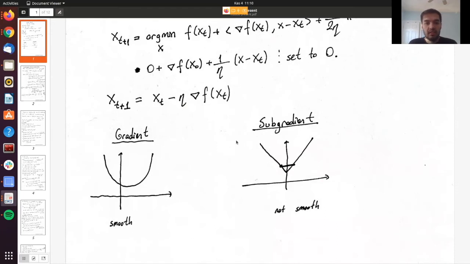Let me also talk about gradient and subgradient. These are not the definitions of gradient and subgradient, but here on our left we have a smooth function, and on our right we have a non-smooth function. The difference is, at this critical point we have subgradients, and when we apply gradient descent to both, on the left we can achieve the local minima, but on the right we will be jumping from this point to that point, because these two parts are linear, so the gradient is constant.